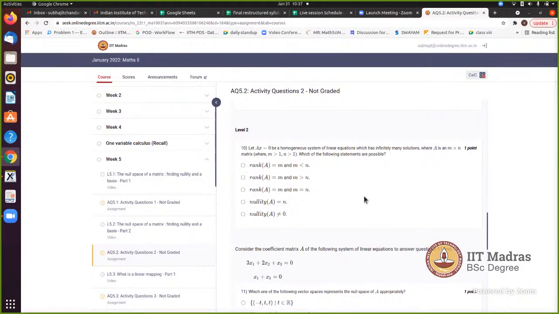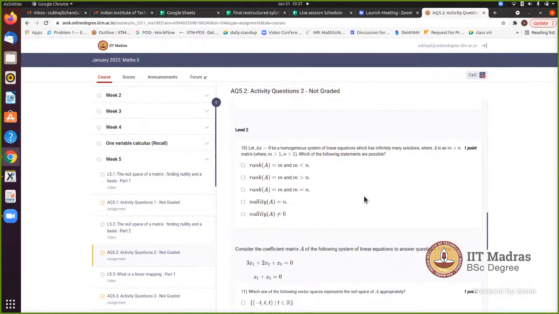So the last one is obviously true because nullity is not equal to 0, as there always exist some independent or free variables. And the first one is that m is less than n. That means the number of rows is less than the number of columns. So rank of A can be equal to m, at most equal to m, right, sir?